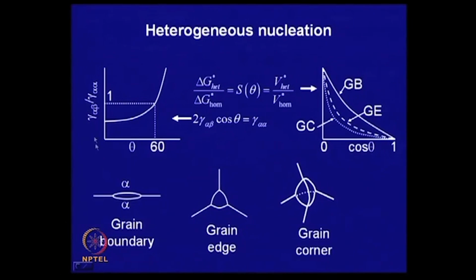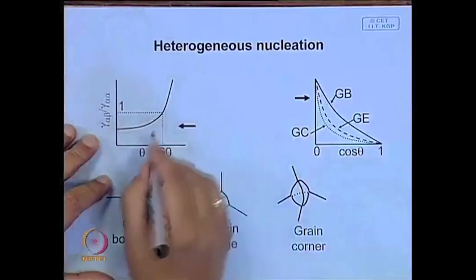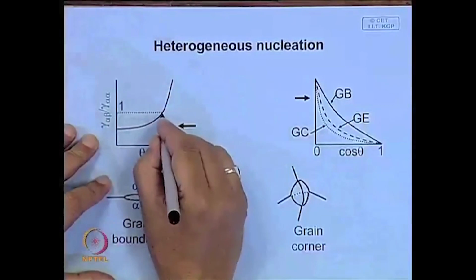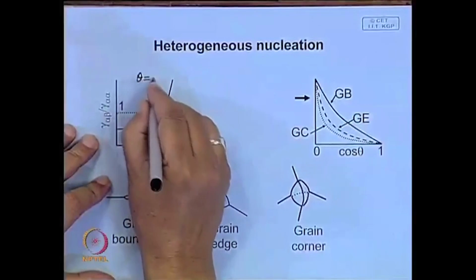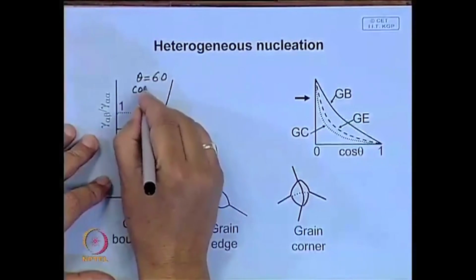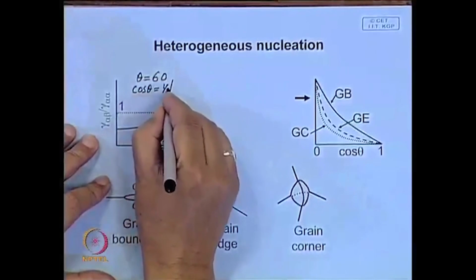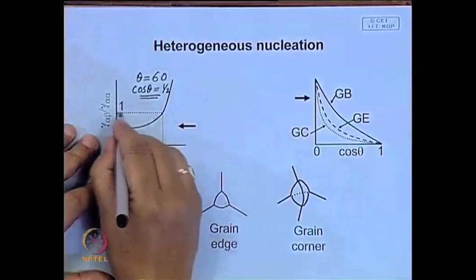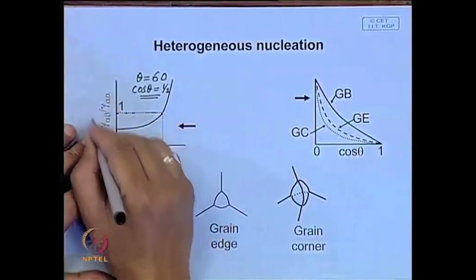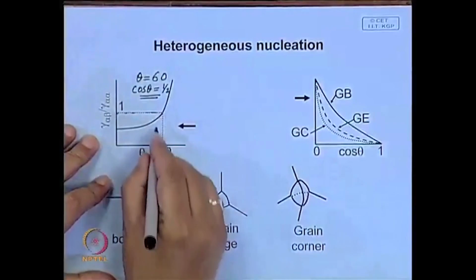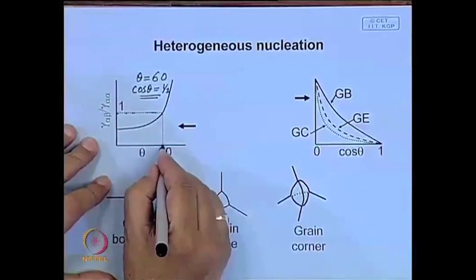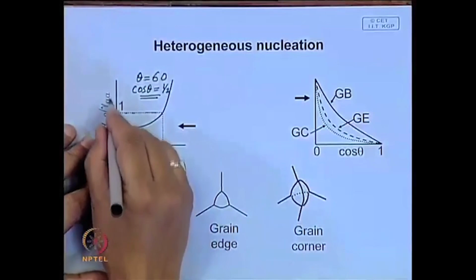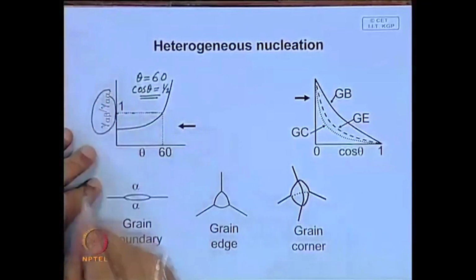If you make a plot of gamma alpha-beta against gamma alpha-alpha, when theta is equal to 60 degrees, cos theta is half, so you will find that this ratio is 1, whereas if the angle is less than 60 degrees, this is less than 1.